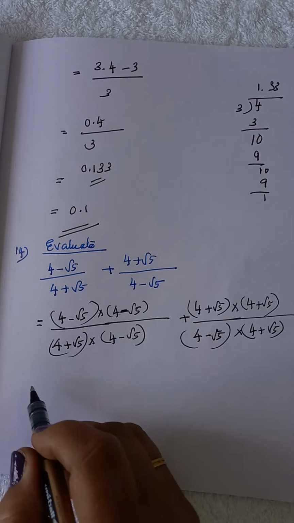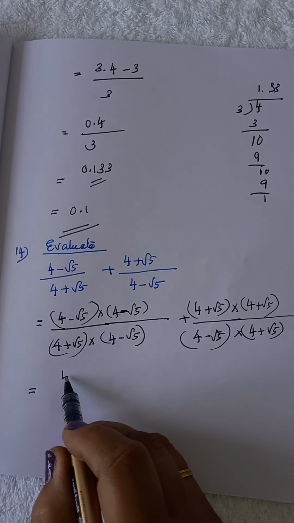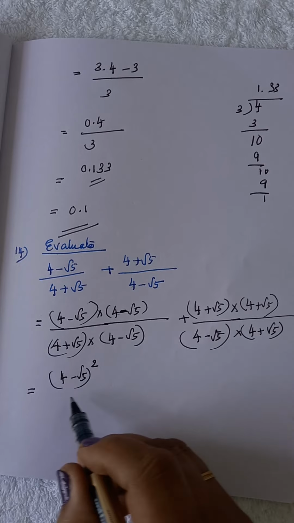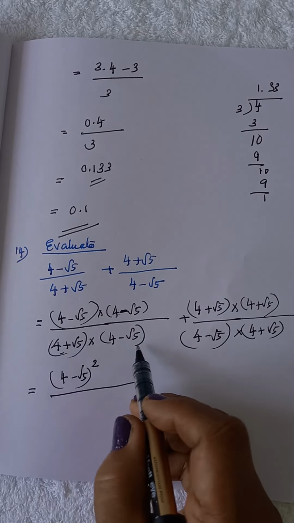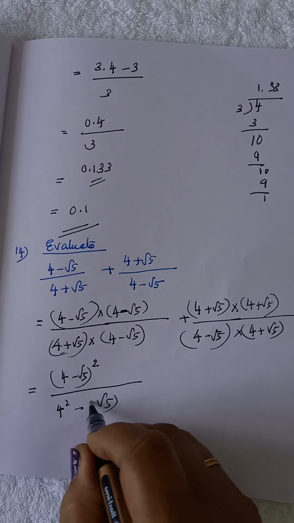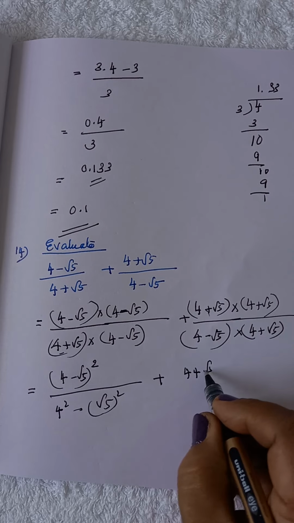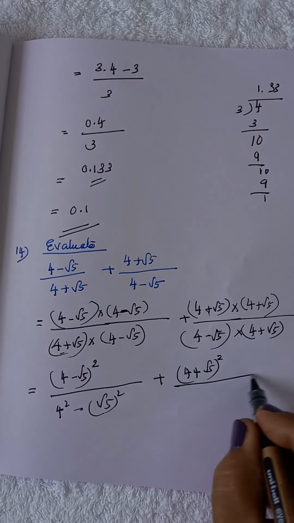That is equal to (4 minus root 5) square divided by 4 square minus root 5 square, the (a plus b) into (a minus b) form, plus (4 plus root 5) square divided by 4 square minus root 5 square, the (a minus b) into (a plus b) form.